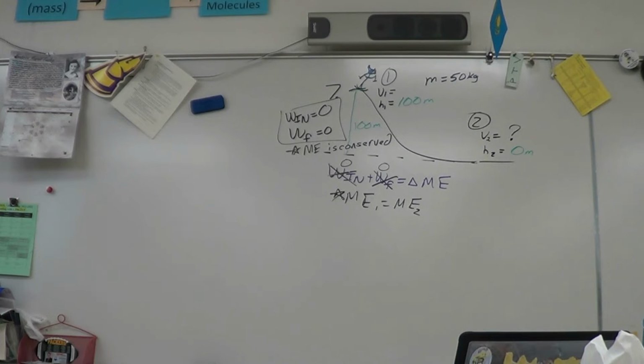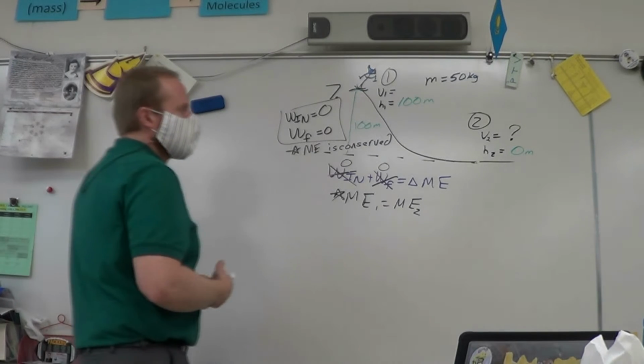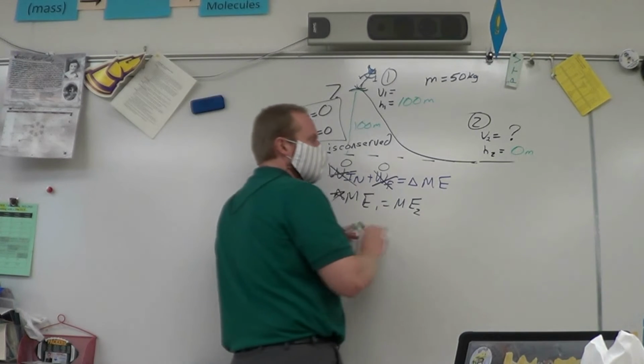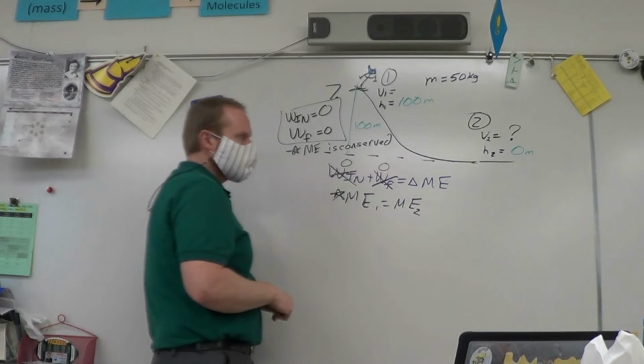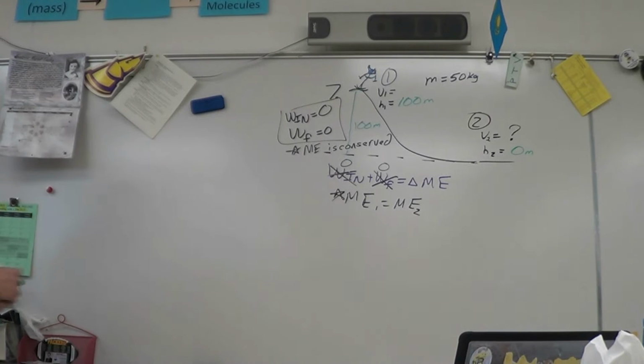Let's just pretend that my H2 was 500 meters. That's fine, but then my H1 would have to be 100 more, right? It'd have to be 600. So it's up to you. You've got to pick something to define it. Generally speaking, we choose the lowest point to have a height of 0, and we work accordingly from there.